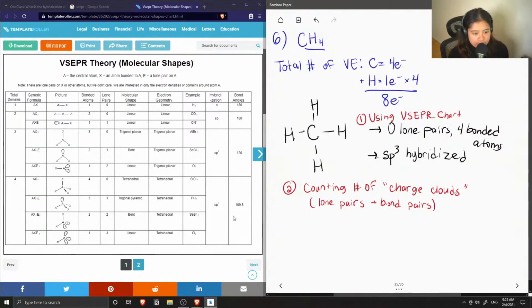So for example, let's start from 2 charge clouds. Then our atom is sp hybridized.